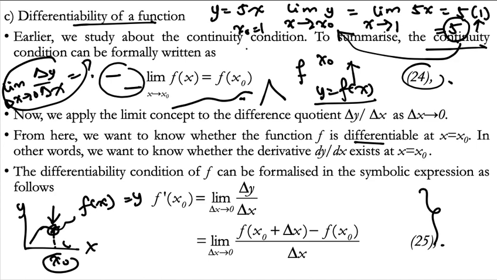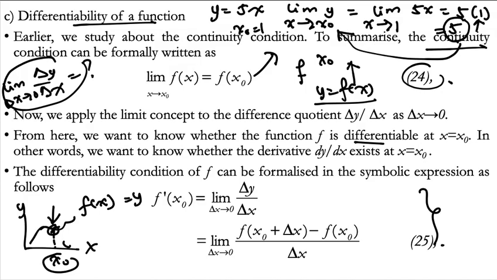So here, we know that formally, for a particular value of x naught, the limit of f(x) as x approaches x naught is f(x naught). This is what I mentioned to you just now. Let me rewrite again expression 24 here.